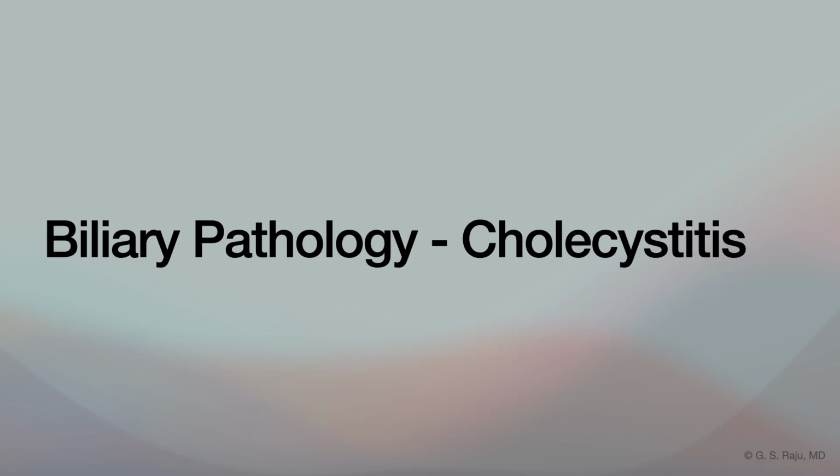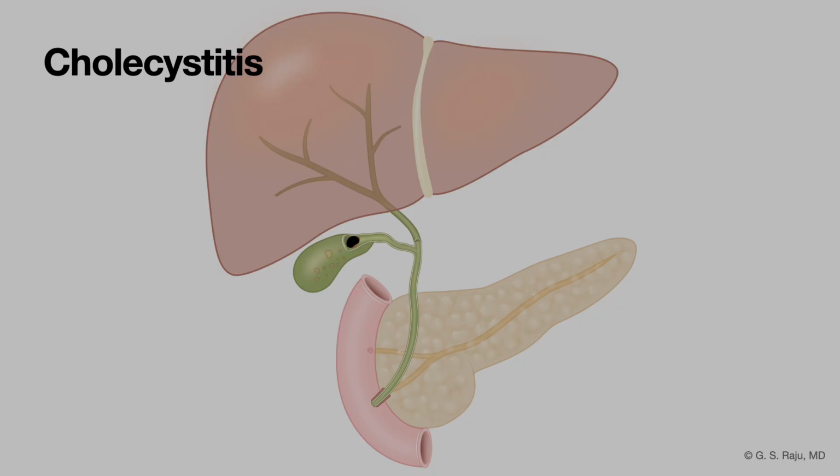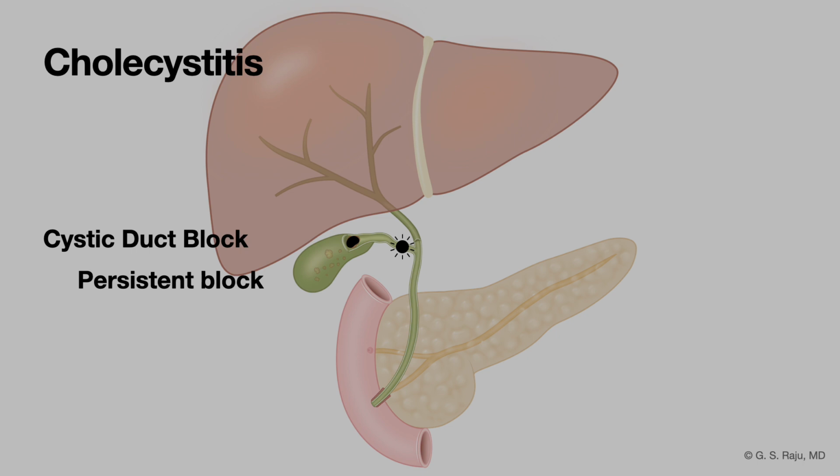On the other hand, what happens when you have a patient with cholecystitis? In this case, again the gallstone goes from the gallbladder into the cystic duct and gets stuck there and leads to persistent block.